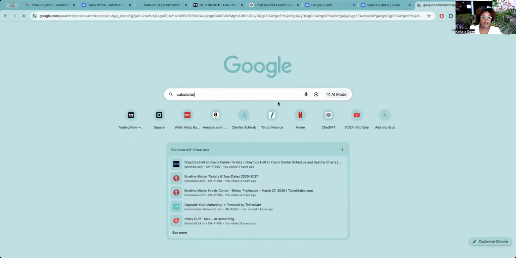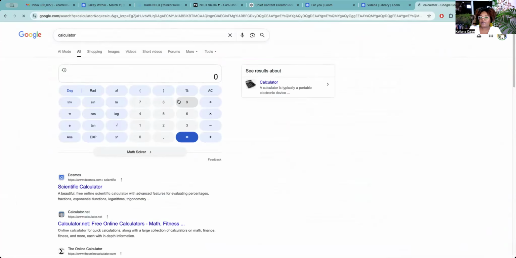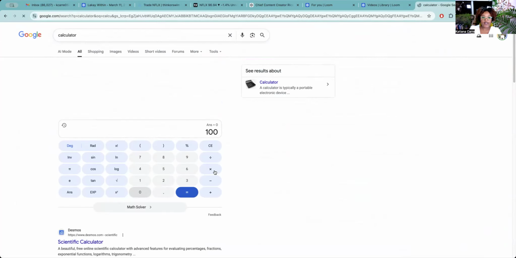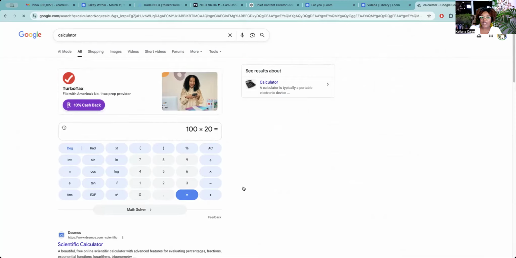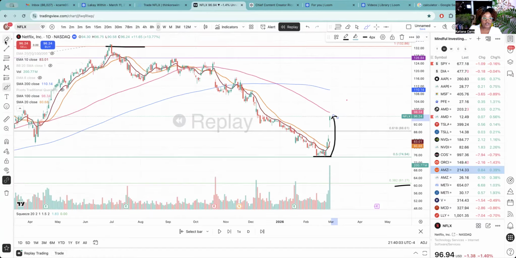If I did 100 shares and made $20 a share, then I would have made $2,000. A very, very easy trade here.